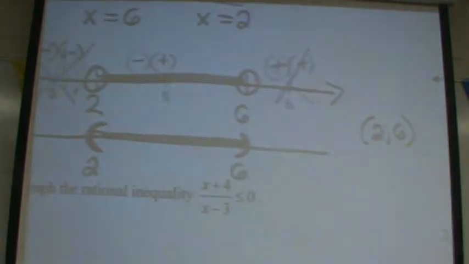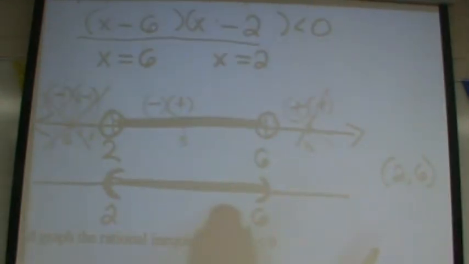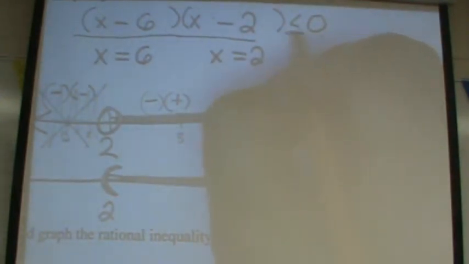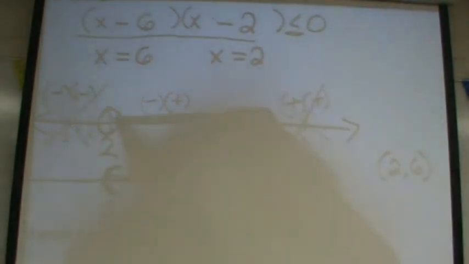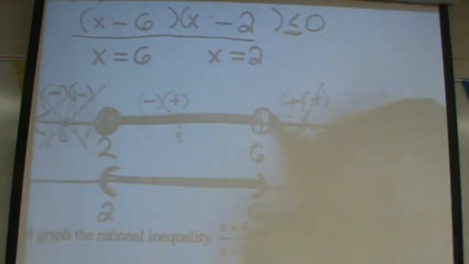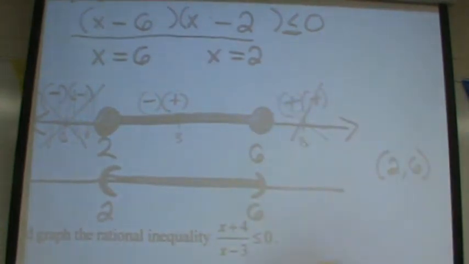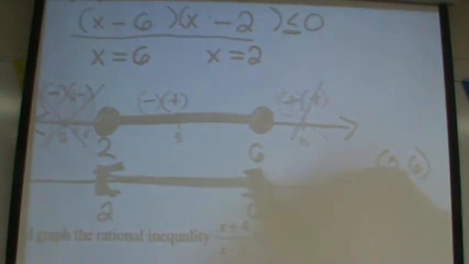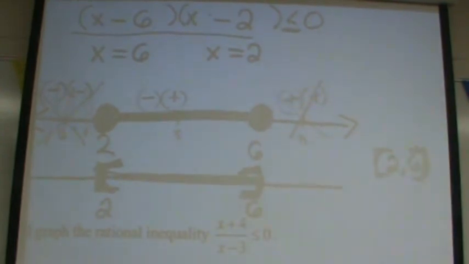If you wanted to write it in interval notation, it is (2, 6). That is the solution. This is the graph, 2 to 6. If there was a bar here, these would be colored in. These would be brackets.